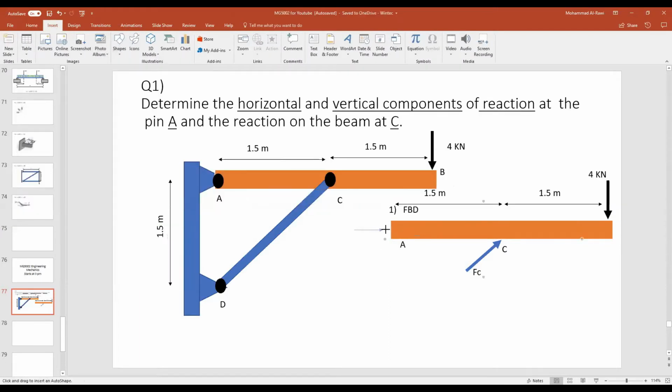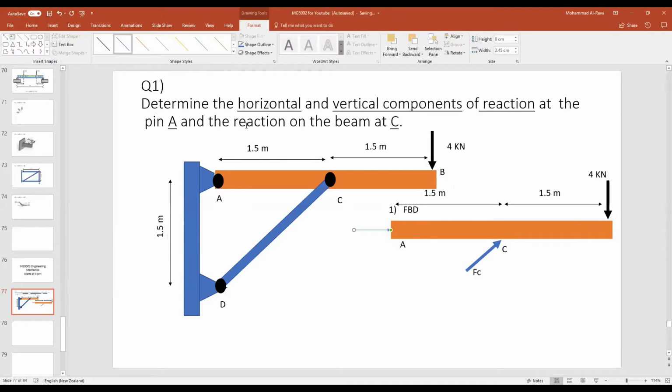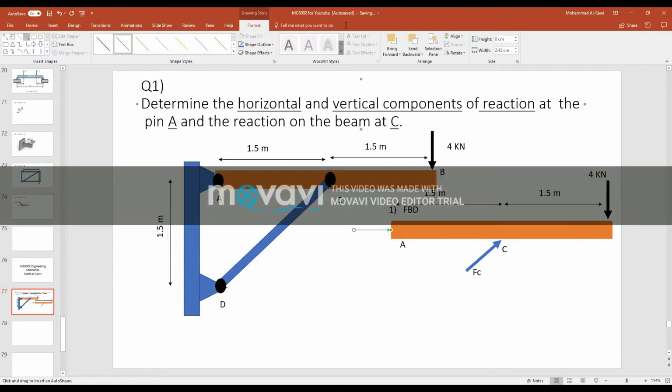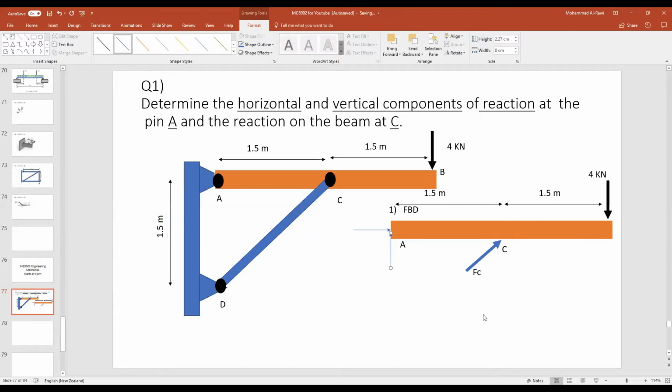So the best way is to draw both, and then we can decide which one will give me the right answer. And if I find one of them gives me 0, that means something is wrong. All right, so I will need to name them to make sure that I'm using the right information.